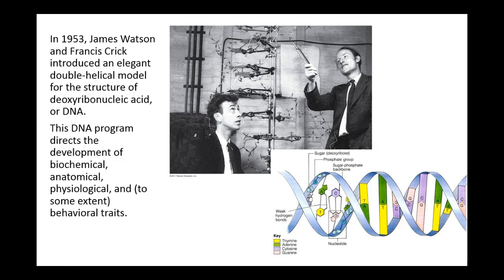But it's in the 50s, so about 100 years later, that Watson and Crick actually published or introduced their model of the DNA molecule. They had been working for some time, but this is when they published, and of course they won the Nobel Prize, etc.